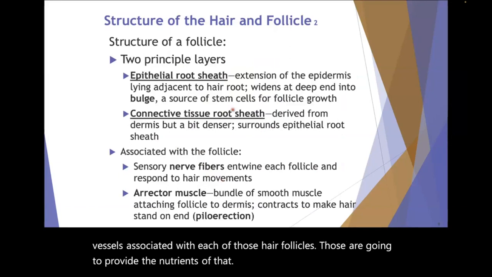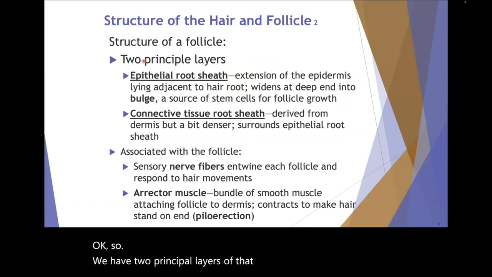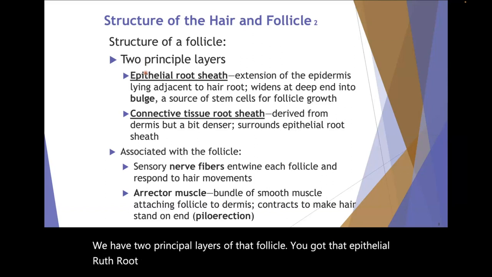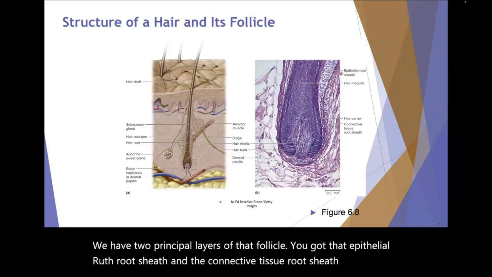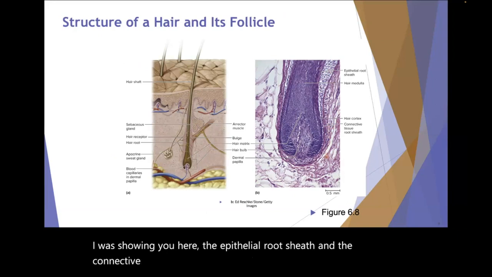Okay, so we have 2 principal layers of that follicle. You got that epithelial root sheath and the connective tissue root sheath. That's what I was showing you here, the epithelial root sheath and the connective tissue root sheath.